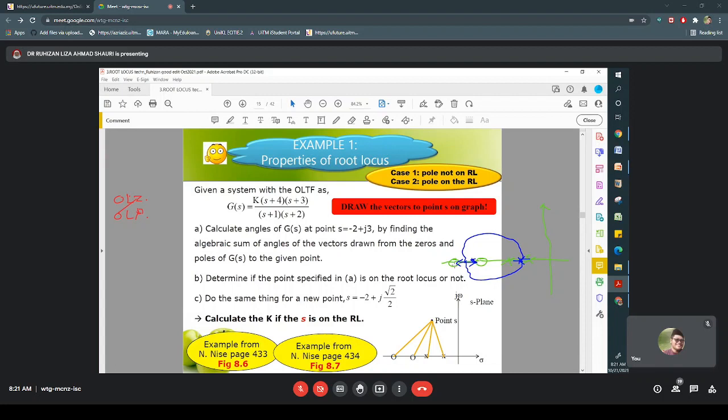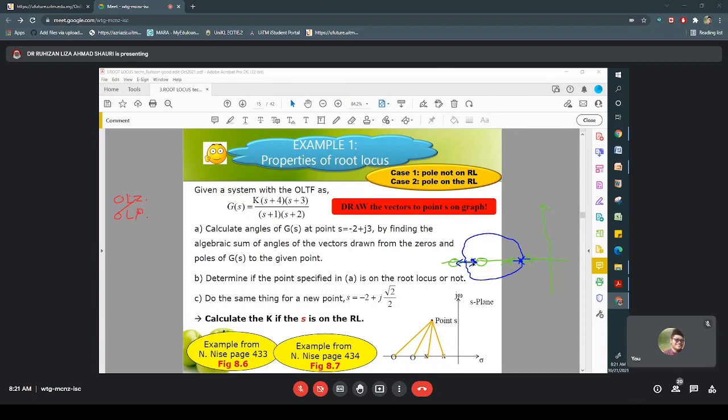You can see that they break out from the real axis here, and then break into the real axis here. Don't worry, we will go to the 5 basic rules in another 1 minute.